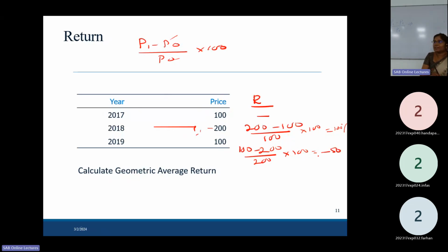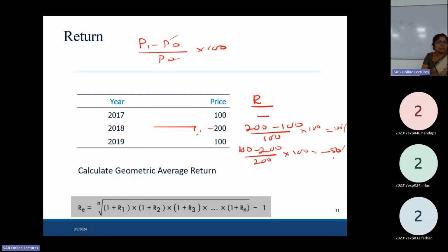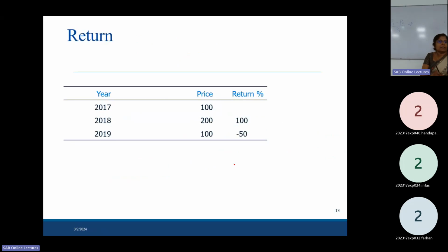That is minus 50, correct. These are the annual returns. So you will get the answers like this. 100% for 2018 and minus 50%. Return can be minus even, right? It is minus 50%.